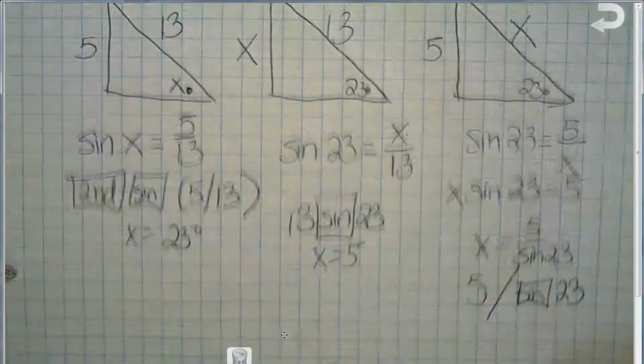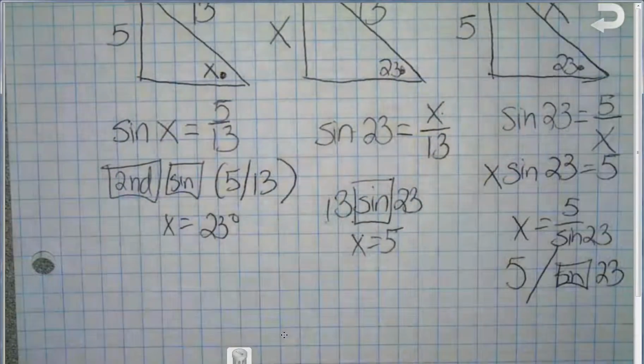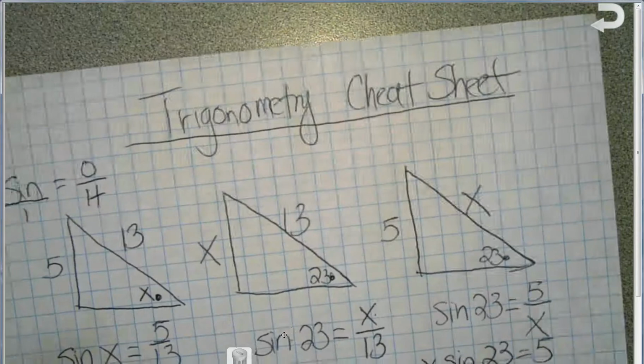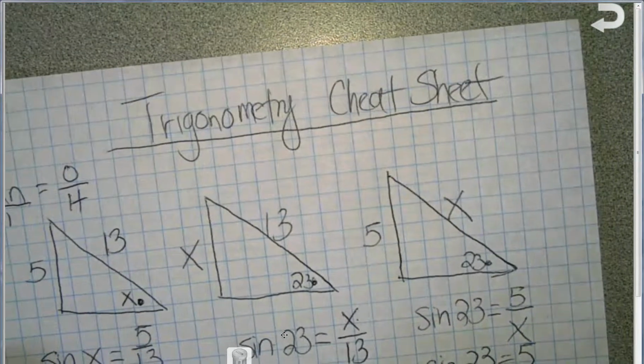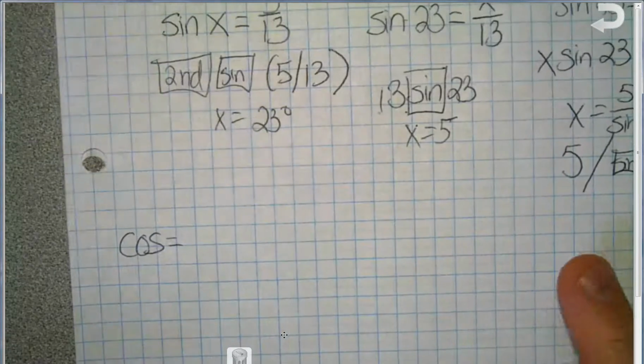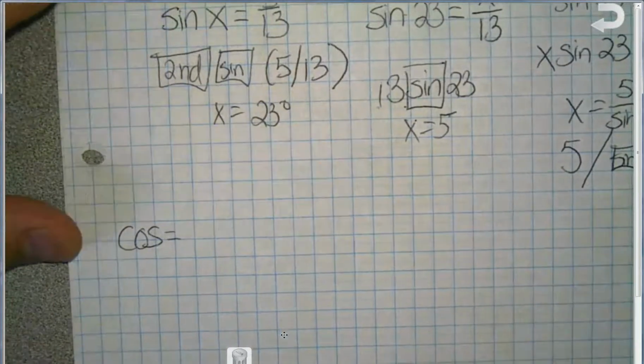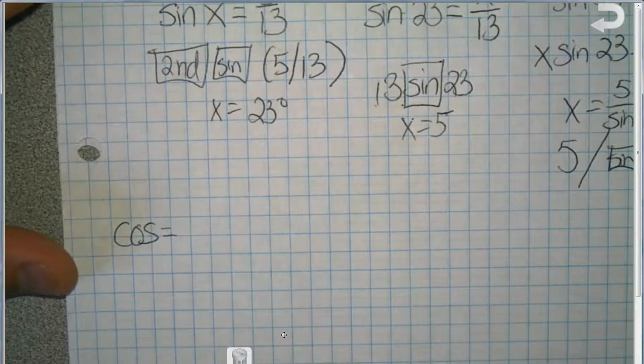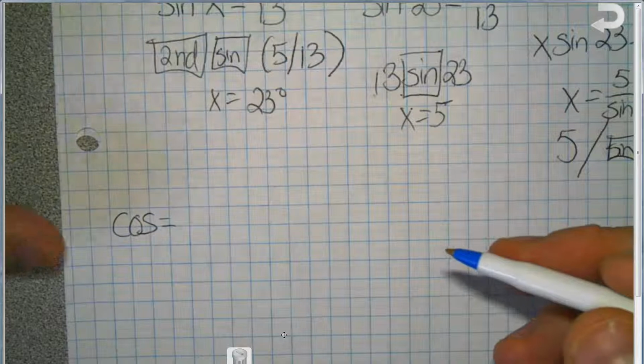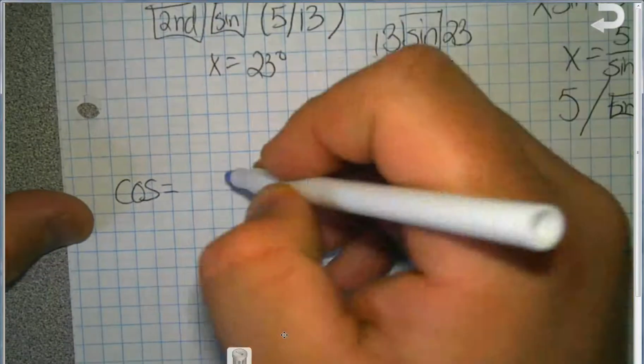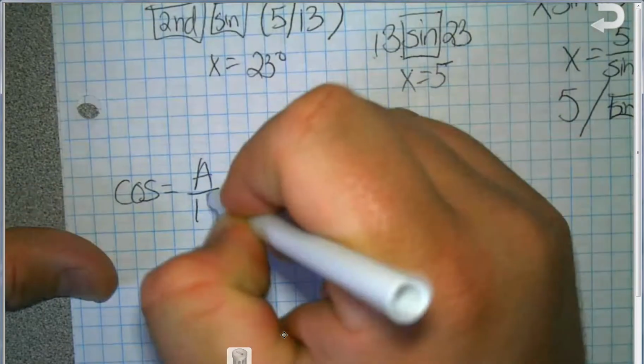So that hopefully this starts to sink in, let's go ahead and do cosine. So we're going to come down here and do cosine. And cosine is what? Adjacent over hypotenuse.